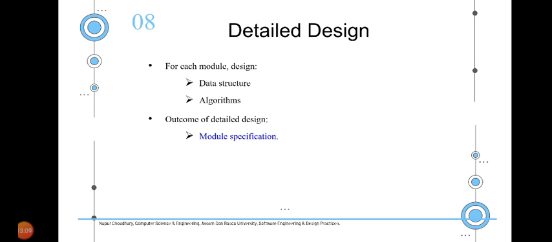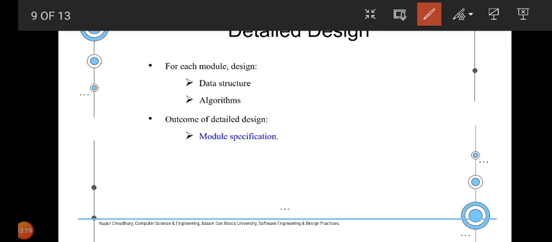When we are talking about detailed design or the low level design, for each of the modules we have to design the various data that they are using, the data structures and the algorithms that they will be using.